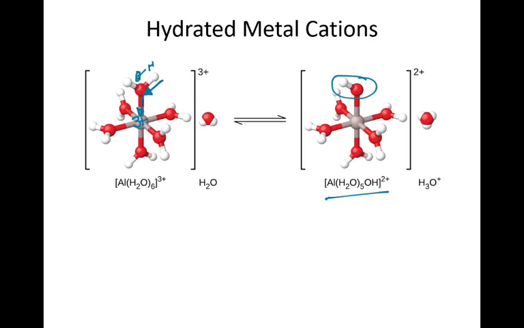Basically, this water molecule picks up the proton and attaches to it, making H3O+, and one of the water molecules that was attached to aluminum is now OH-. So in this way, a metal ion in water makes the solution acidic.